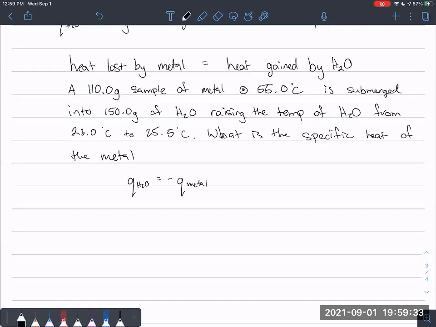That negative sign in front is just so that the signs remain consistent throughout the calculation. So go ahead and give this one a shot and see what you come up with.